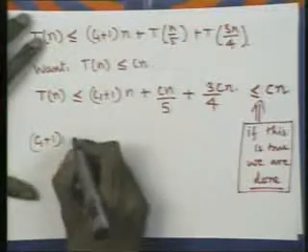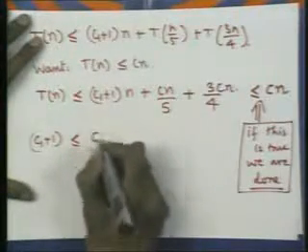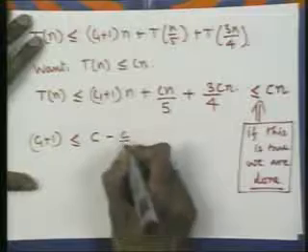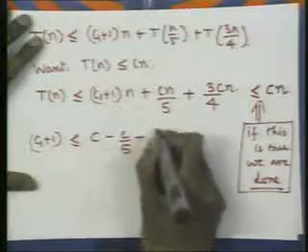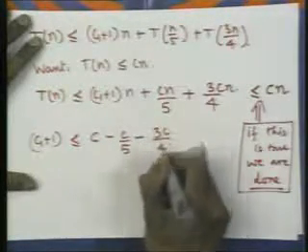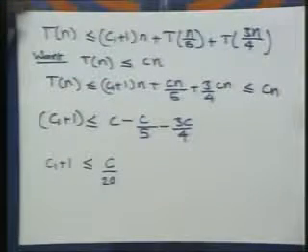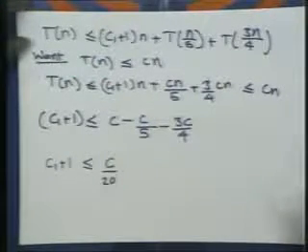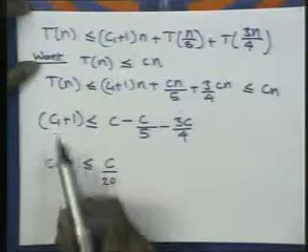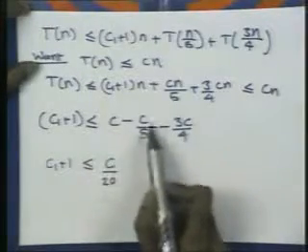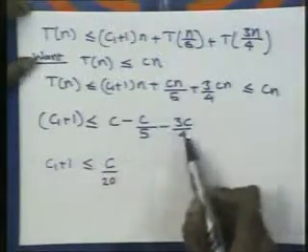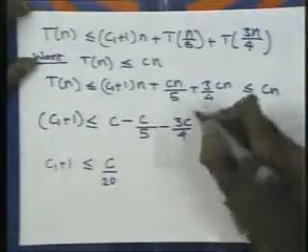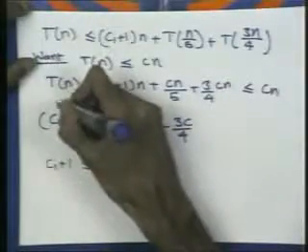I want C1 plus 1 at most C minus C by 5 minus 3C by 4. So this will imply the previous statement.